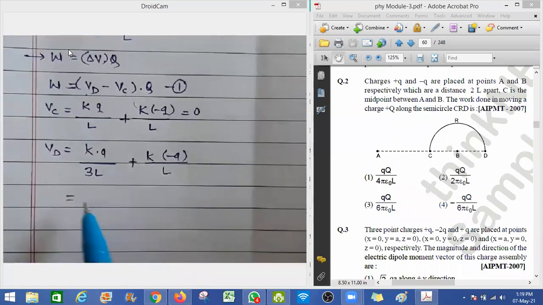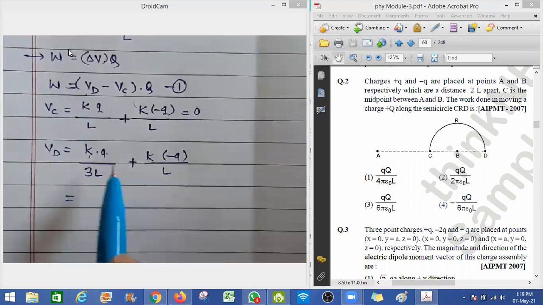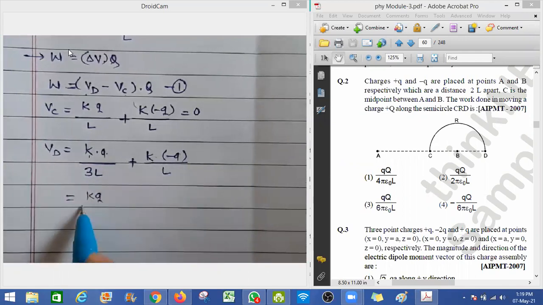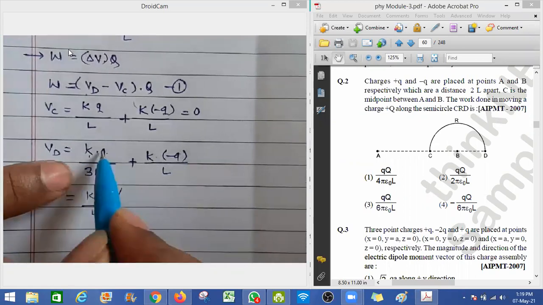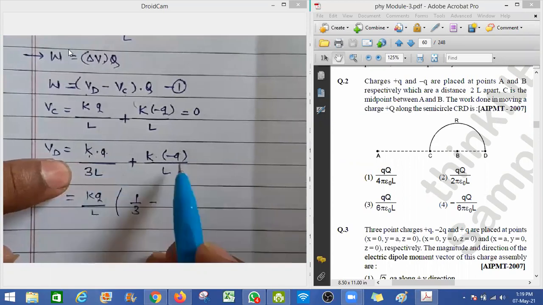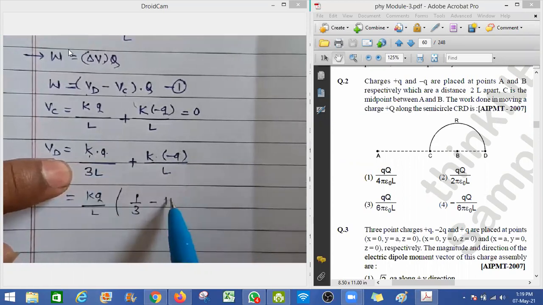Fine, sir. Now what you can do? You can take this kq upon L common. So what remains here? 1 upon 3 minus, kq upon L being common, 1.